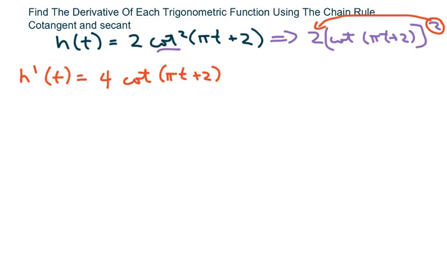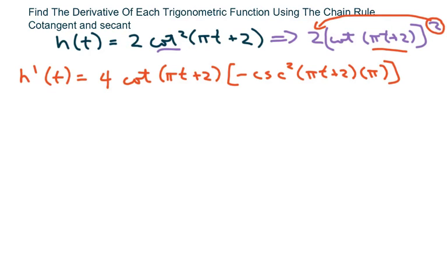Then I'm going to take the derivative of the inner function. Well, the derivative of cotangent is negative cosecant squared. And then you just write the pi times t plus 2. And then you have to do the derivative of this inner function, and the derivative of that inner function is just going to be pi.